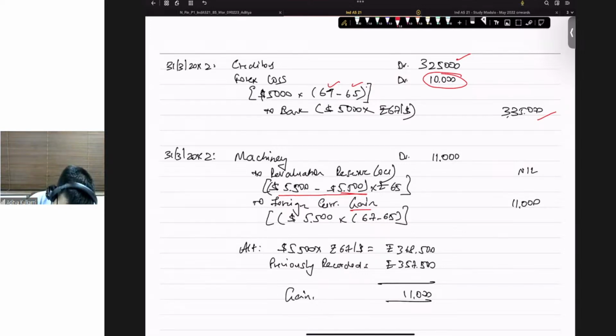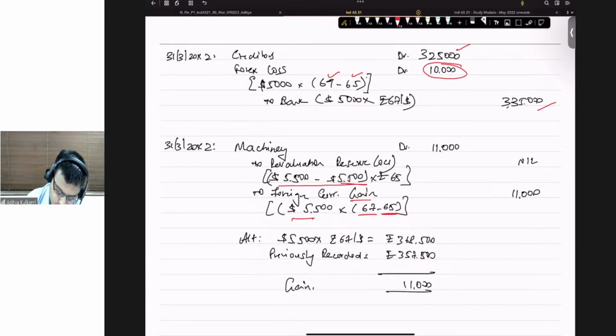So fair valuation was done at 67 vis-a-vis 65 it was earlier, into 5,500. So that gives you your option. Is it okay? Yes. Have you understood? That gives you your foreign currency gain option. Is it okay? Yes. Alternatively, I could do this entry and get 11,000. Is it okay now, Manini? Any doubts?